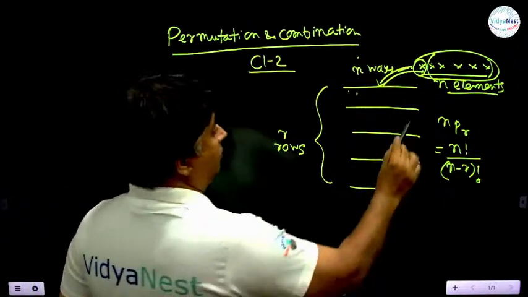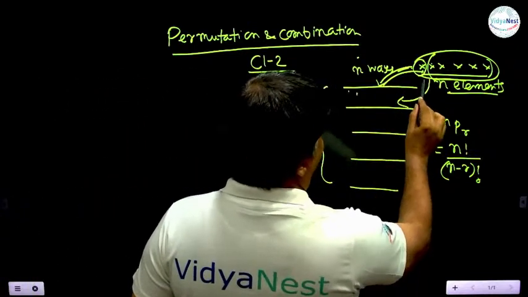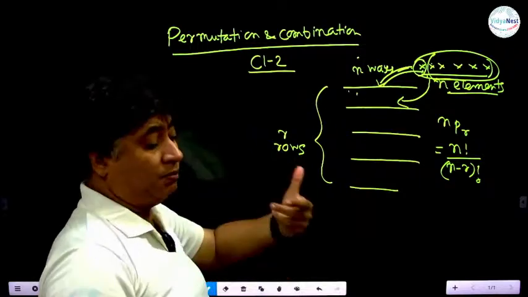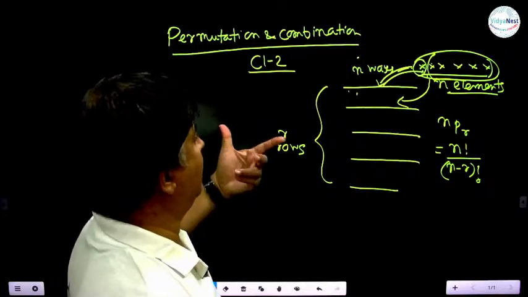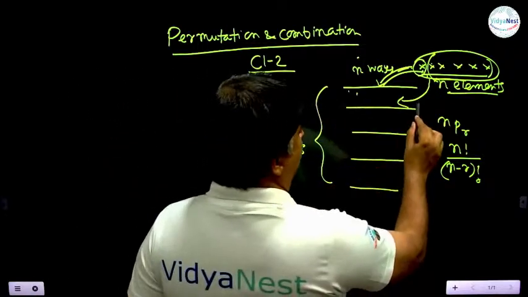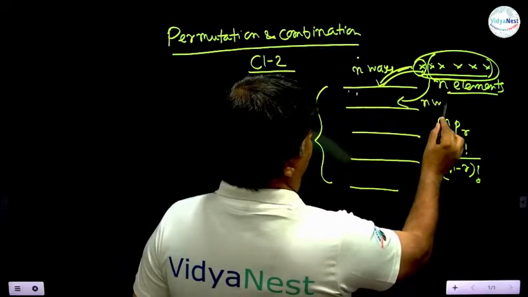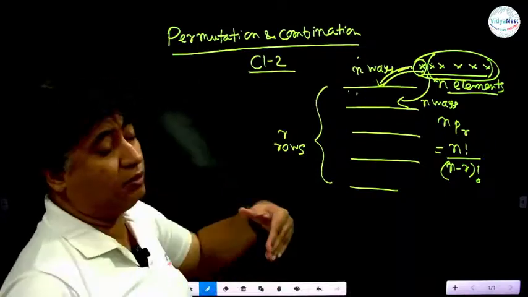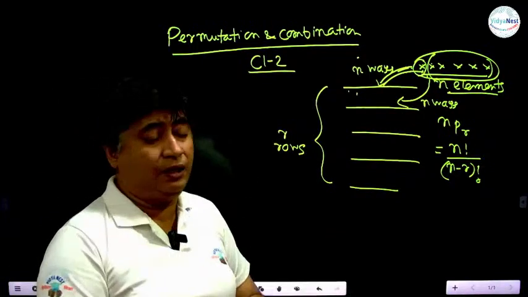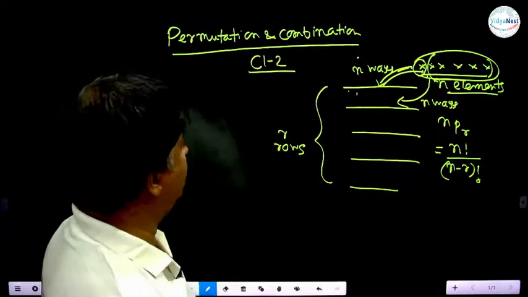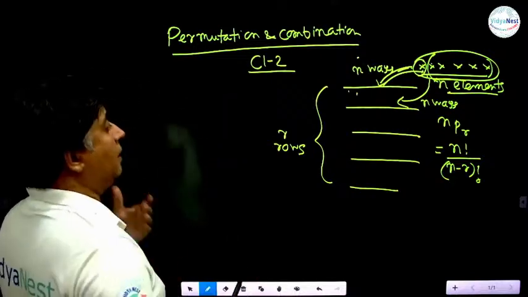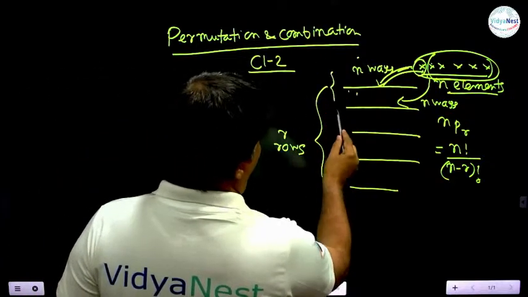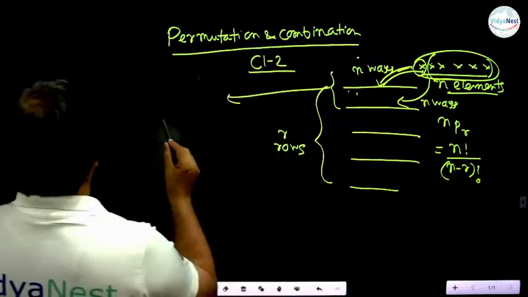So for the second row also I can choose from the same number of elements, in n ways. Repetition allowed means once you use one element out of n, you will be allowed to use it again.